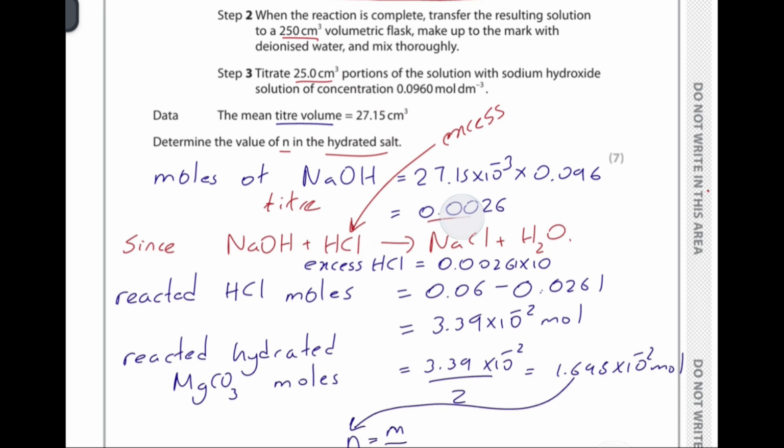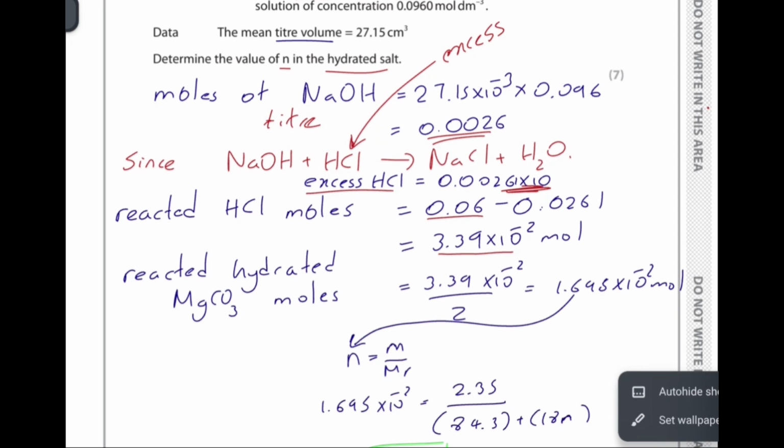So we'll get 0.026, but to get the excess HCl we should multiply it by 10 because they have taken 25 cubic centimeter portions from the 250 cubic centimeter sample in the volumetric flask, right? So we should multiply it by 10 to find out the moles of excess HCl.